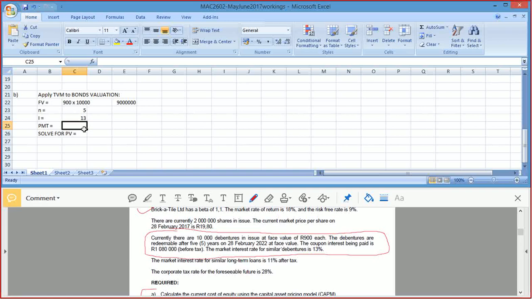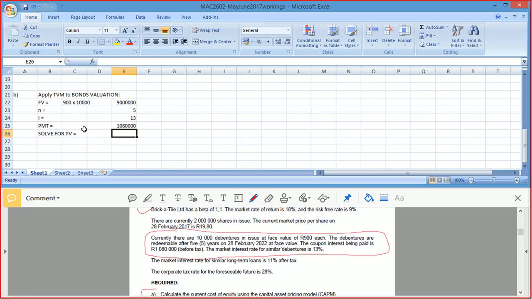It would only be applicable when looking at the weighted average cost of capital, your WACC. So I'm not going to use that for this one. Payment would be positive because you're paying it out. So it's 1,080,123. Okay, 1.08 million.